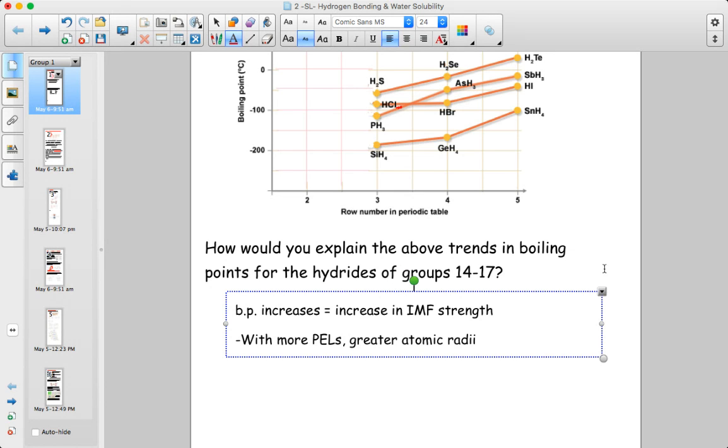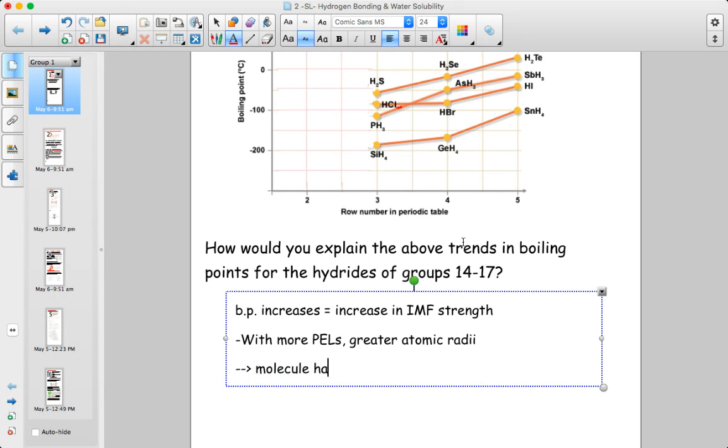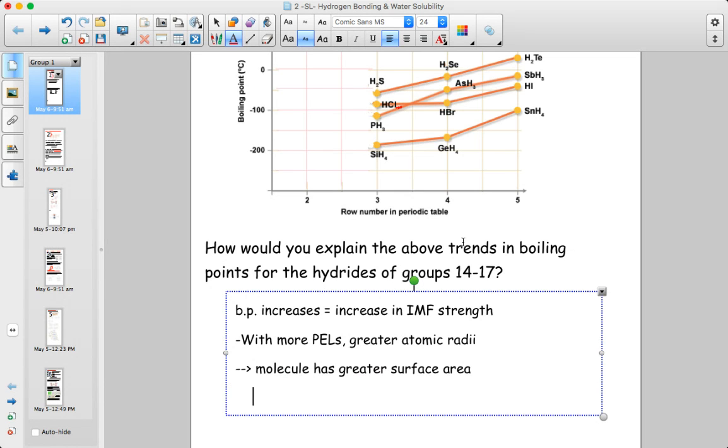So the main thing that's happening, because the number of hydrogens is staying the same, is that as we go from silicon to germanium to tin, the central atom in this molecule is getting a lot bigger with each additional principal energy level. So we've got greater atomic radii. That means that the molecule has greater surface area. And we learned the other day that with greater surface area, we have greater amount of London forces. It's a type of IMF.